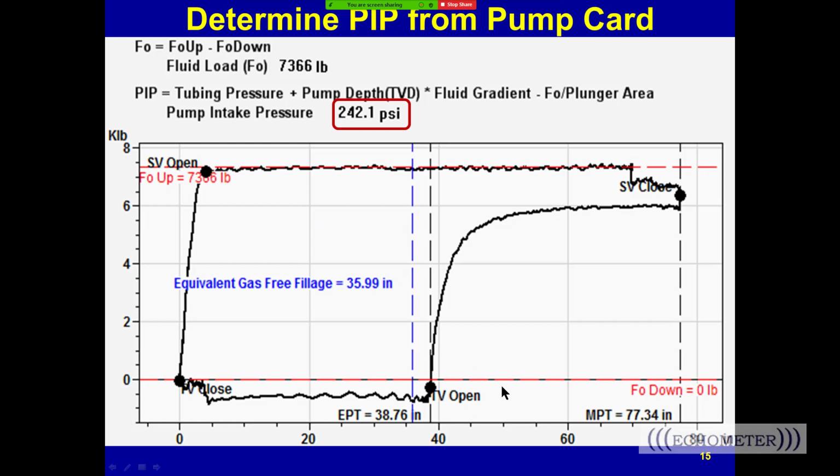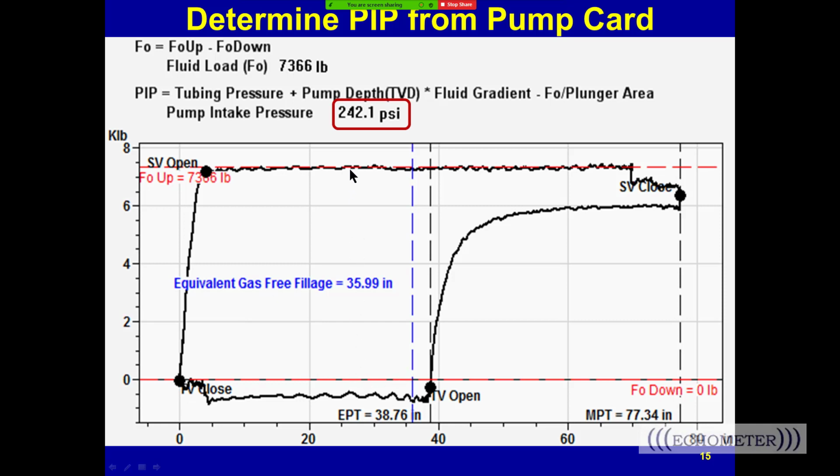All right, so here we've gone to stroke number 104, and we are on the tab that says pump intake pressure. And the pump intake pressure tab allows you to identify the pump card load on the upstroke and the pump card load on the downstroke, and we'll go through that in an example later on.